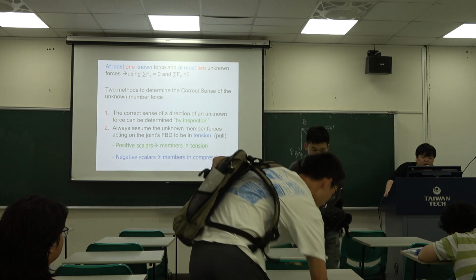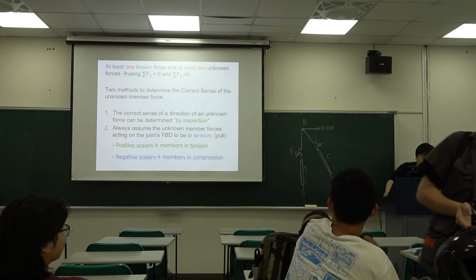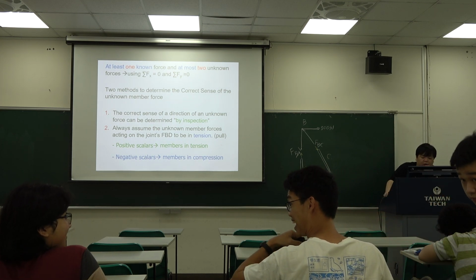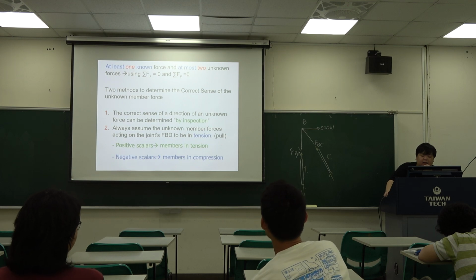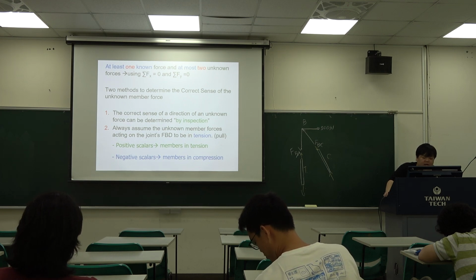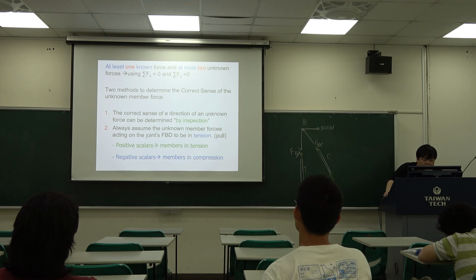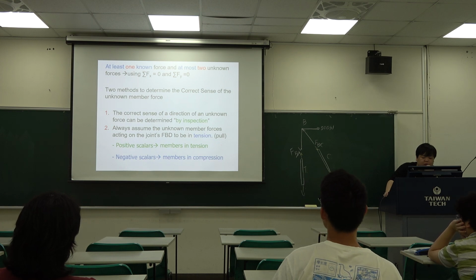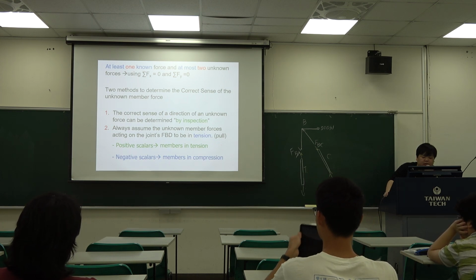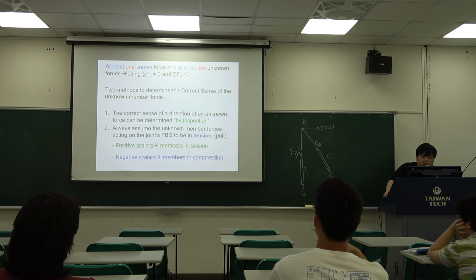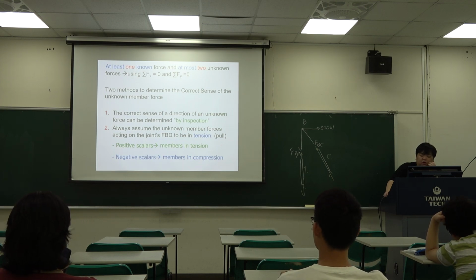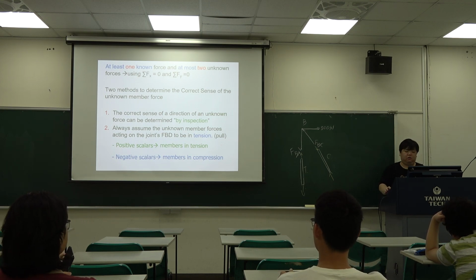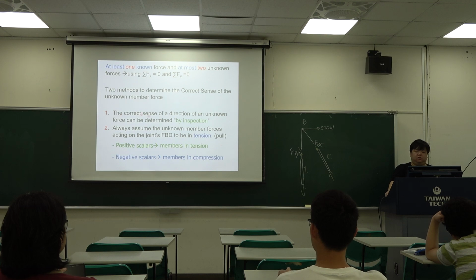First, the correct sense of the direction of an unknown force can be determined by inspection. The second is to always assume the unknown member forces acting on the joint free body diagram to be in tension. So when we draw the free body diagram, we can follow these two assumptions.